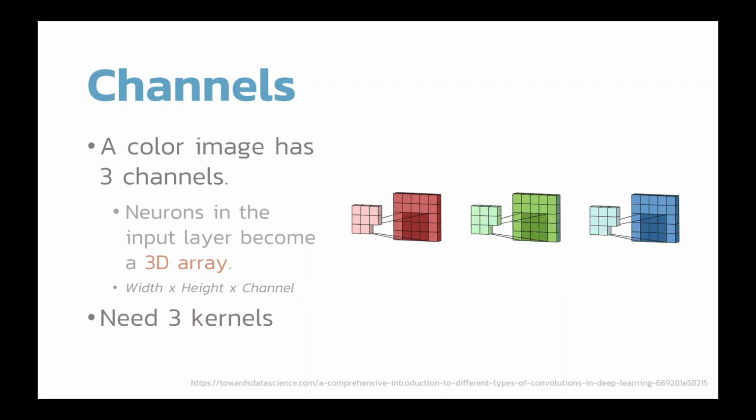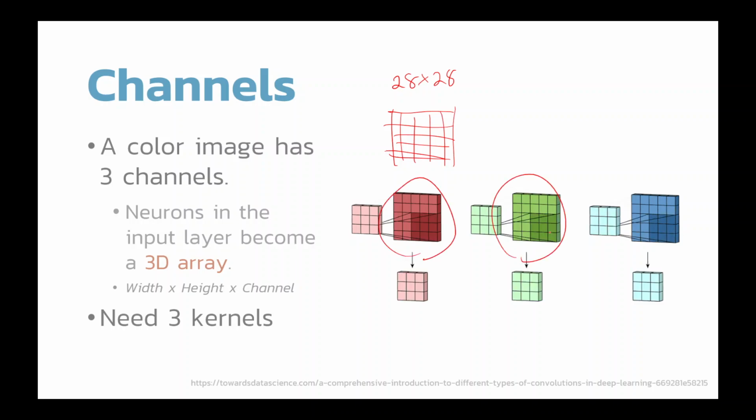For example, a color image will have 3 channels. In one pixel, there are 3 values corresponding to the intensity of the 3 colors, for example red, green, and blue. So even if you have a 28 by 28 image, you have 3 copies of your data: red, green, and blue.